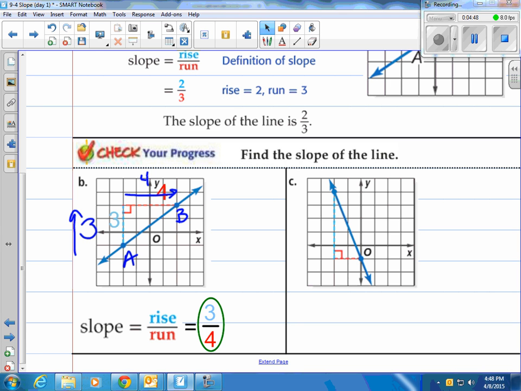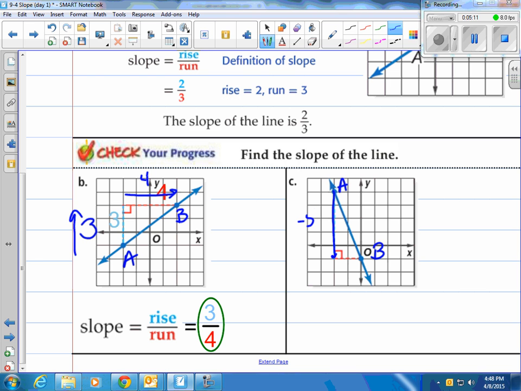All right, how about C? Ooh, that looks real steep. It's going downwards. Since it's going down, if you notice, we call this A and we call this B. A downward slope will actually have a negative number. So what we have to remember is when we start with A, we're going down here, and that's going to be how many? 1, 2, 3, 4, 5.